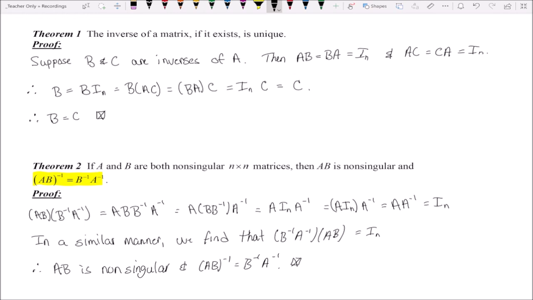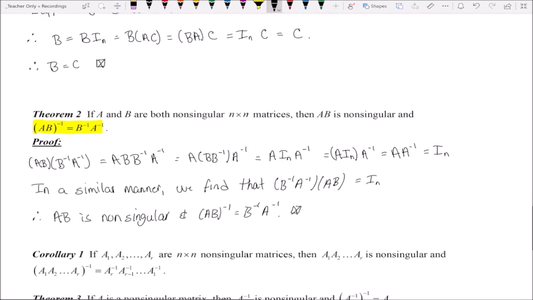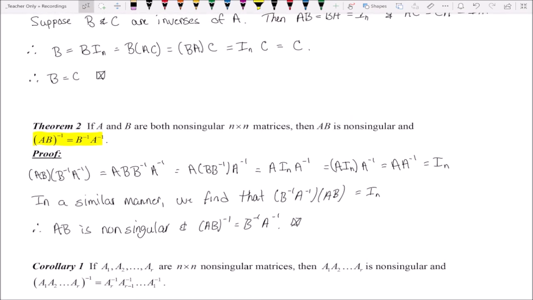Now, as a direct corollary of this theorem, if we have r n by n non-singular matrices, like A1, A2 up through Ar, then their product is non-singular.